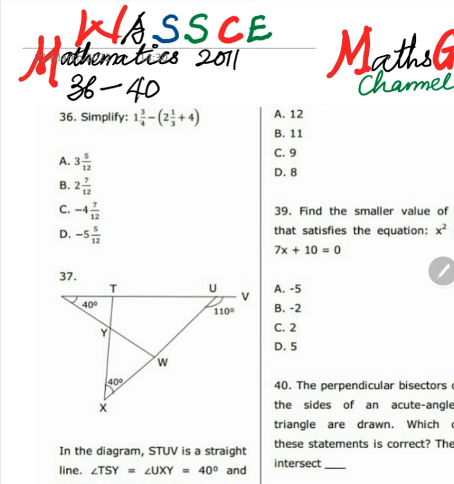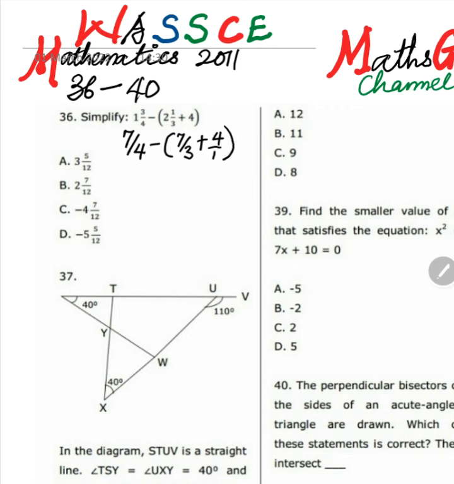So we're going to have 1 multiplied by 4 to give us 4 plus 3, which will be 7/4. Then minus, we open the brackets. 2 times 3 will be 6 plus 1, that will be 7/3. Then plus 4, which of course is over 1.